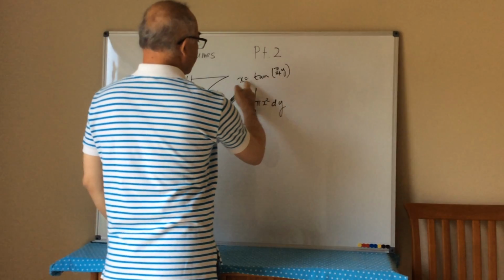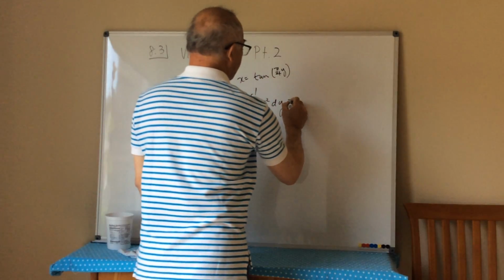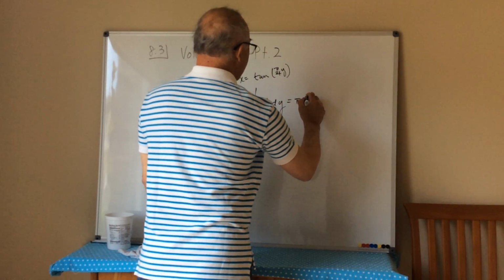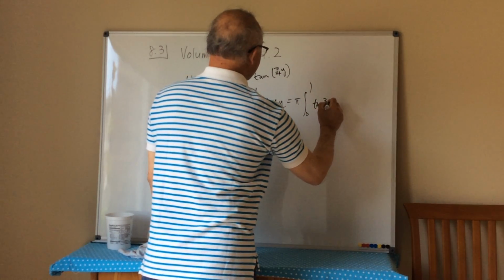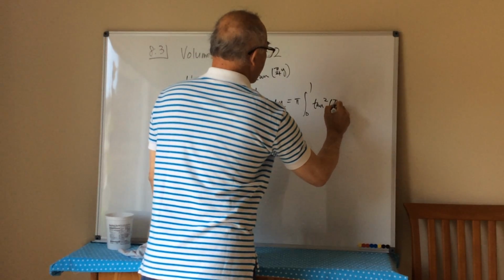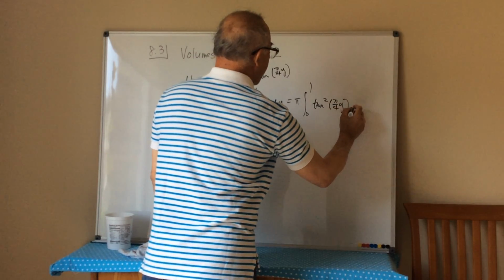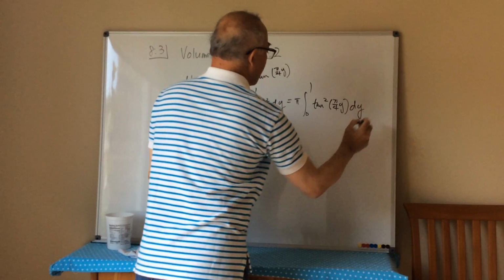But now I have to put this guy in here, right? So I'm going to get, take the pi out, 0 to 1, 10 tan of pi over 4 y, squared, dy.